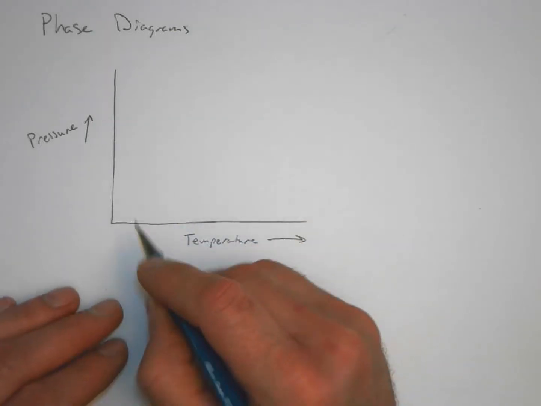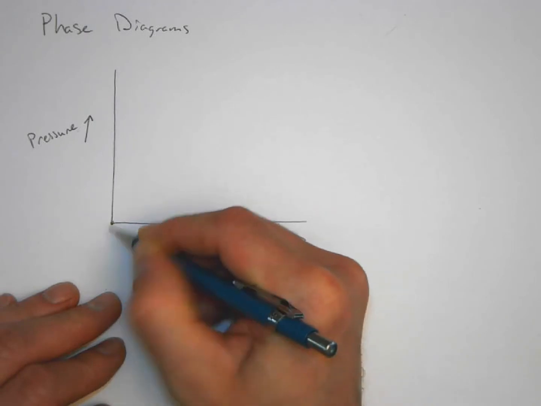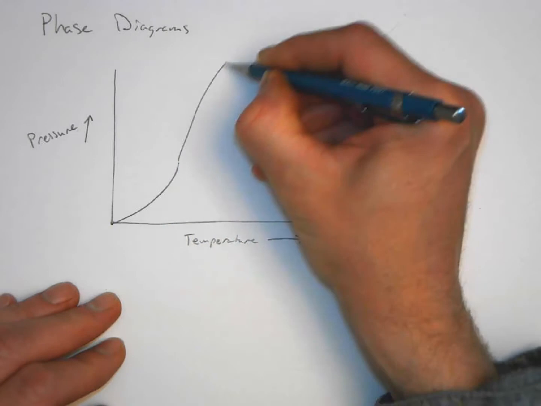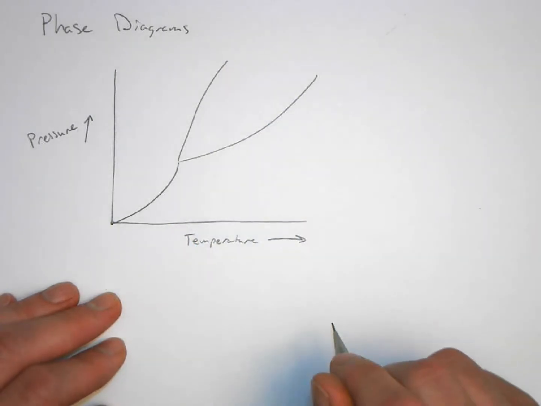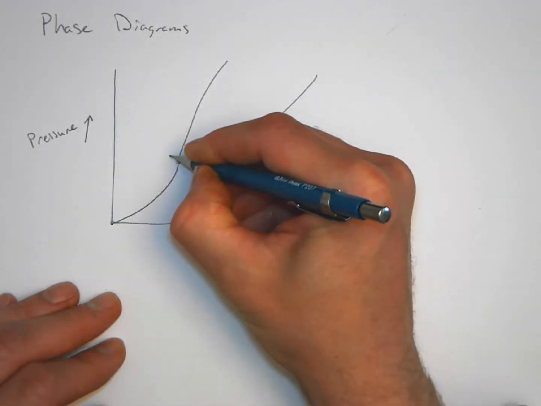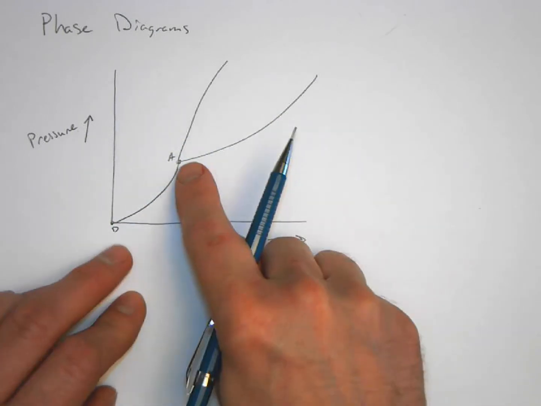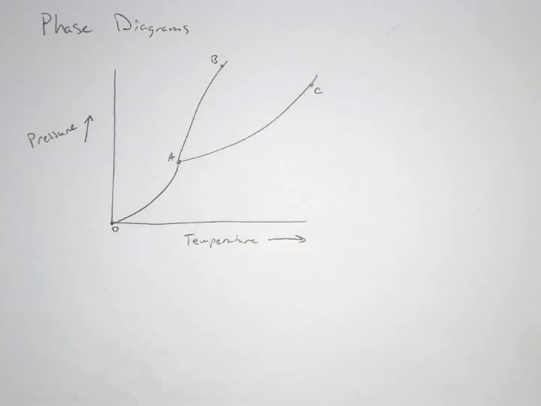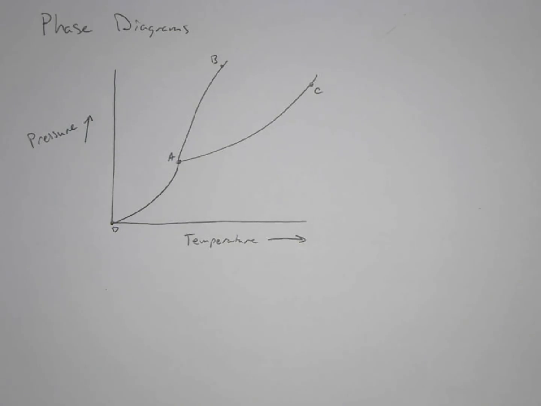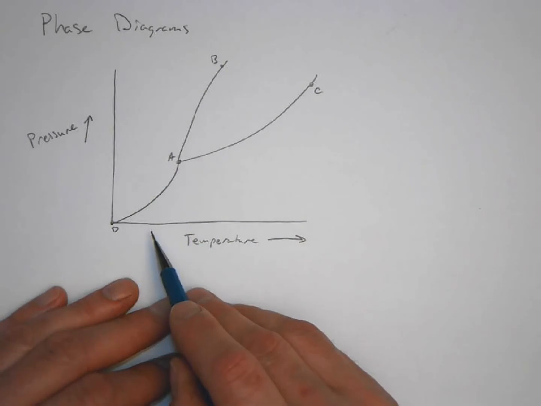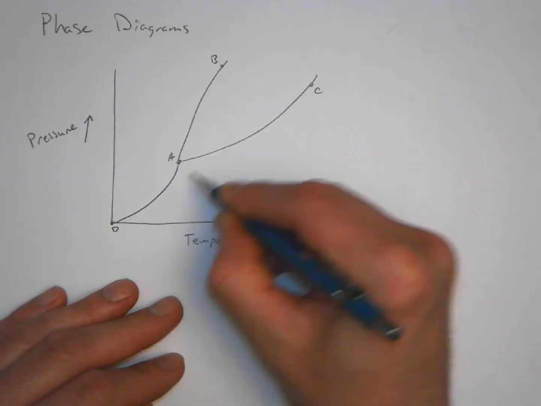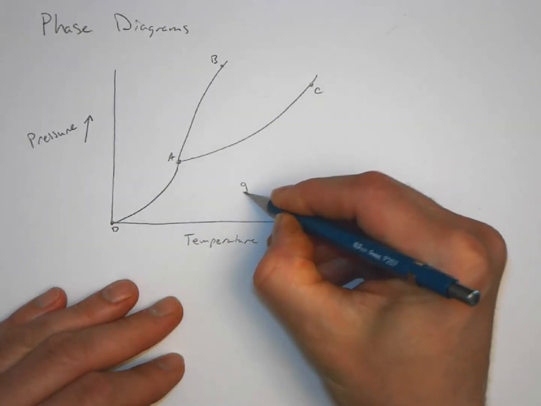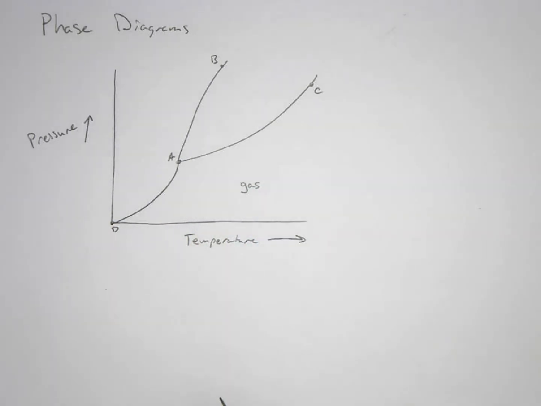So, for example, I'll put in some points. So let's say we have something like this. I'll call that point A, that point D, this point B, and that point C. Within this region, at relatively low pressures and high temperatures, you can imagine a material would be a gas.